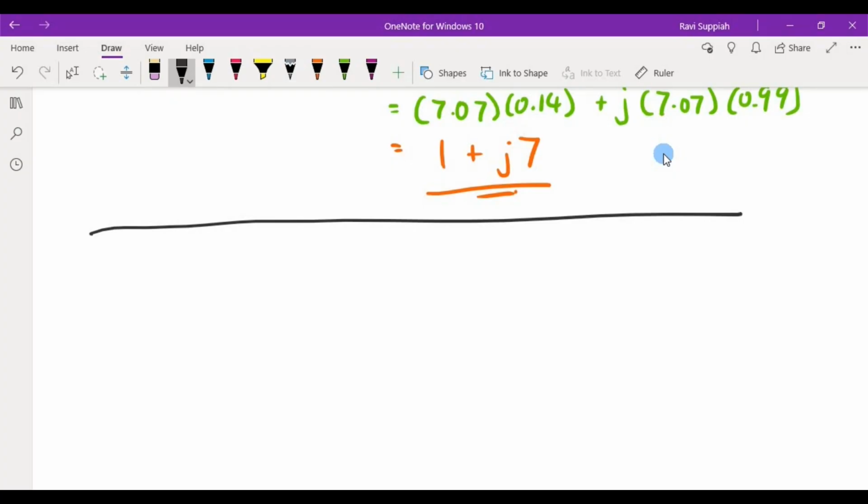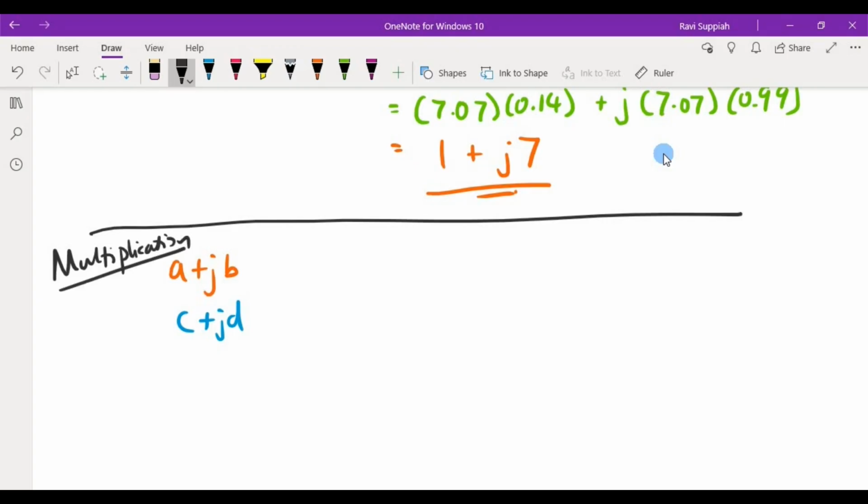The main benefits are in the areas of multiplication and division. For two complex numbers, if I have a plus jb and another complex number c plus jd, and I ask you to perform the multiplication, right now we're going to focus on the multiplication part.